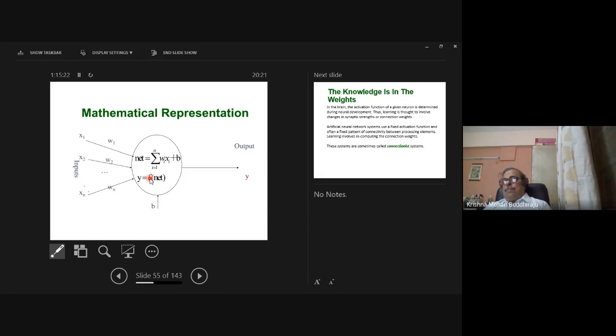That is one example, and you can have other kinds of nonlinear functions which are differentiable, and you can get a response which need not be 0 or 1 but fractional.